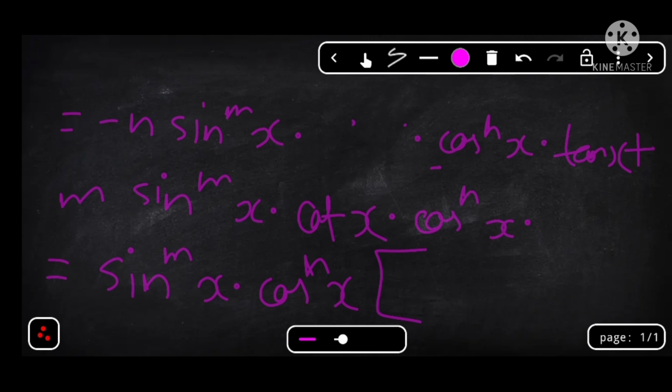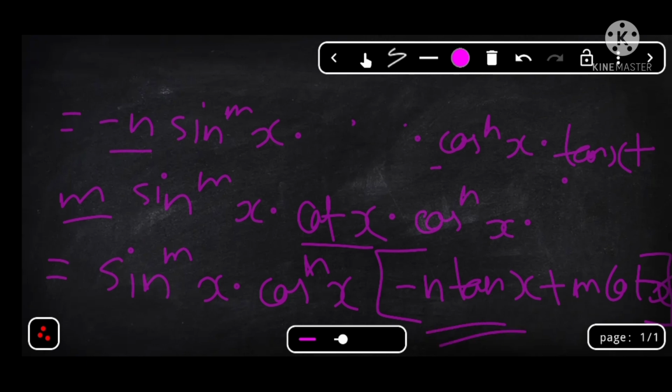What will be the remaining? We have minus n tan x plus m cot x. So this will be our final answer. From here and from here, we took sin raised to mx into cos raised to nx as common. Remaining are these. So this is our final answer.